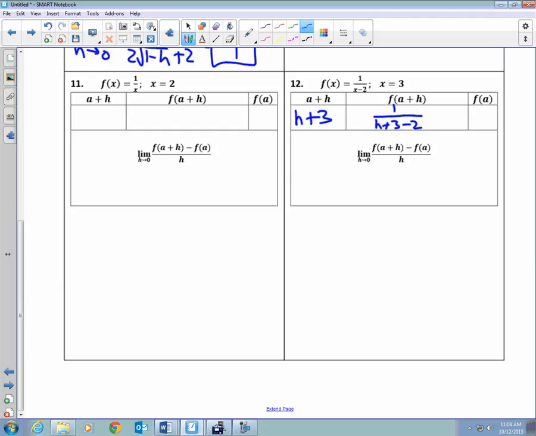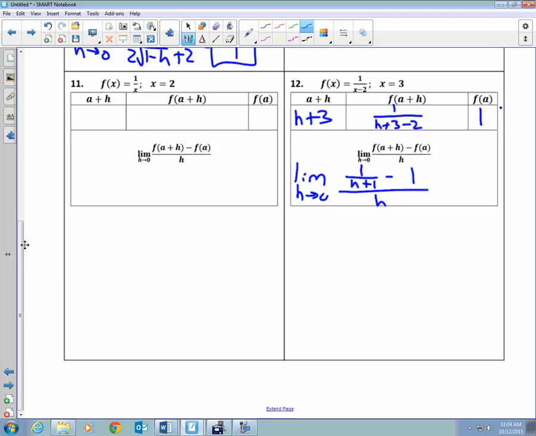Hannah, what is f of a? 1. So I have the limit as h goes to 0 of this f of a plus h is right here, which is 1 over h plus 1, minus f of a is right here, 1 all over h.